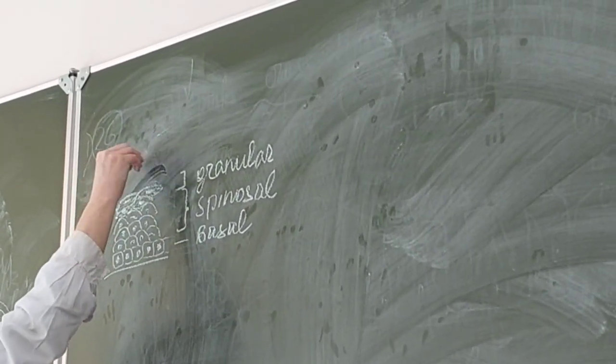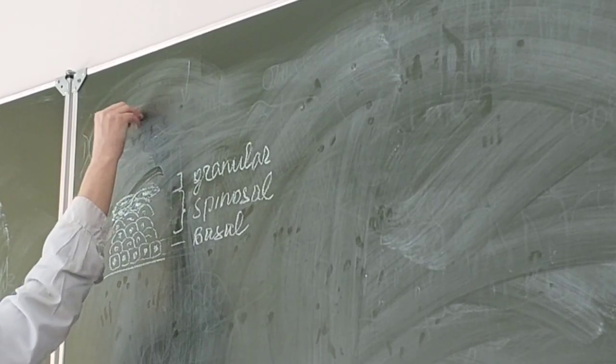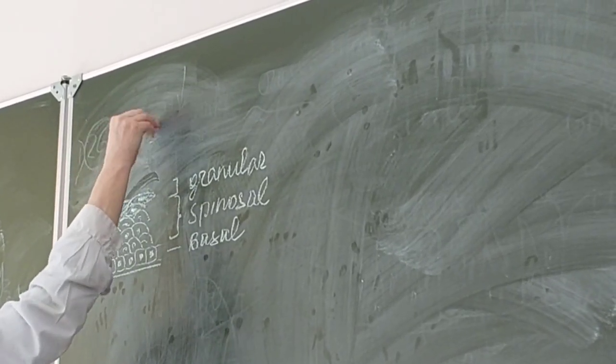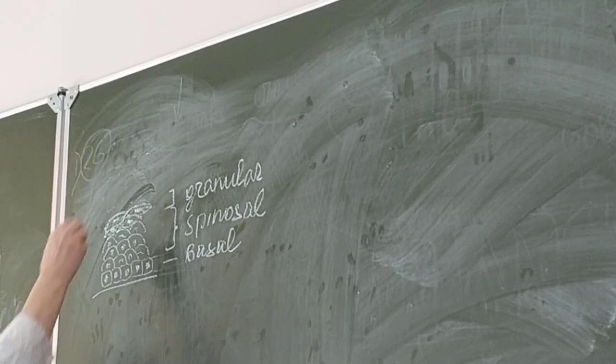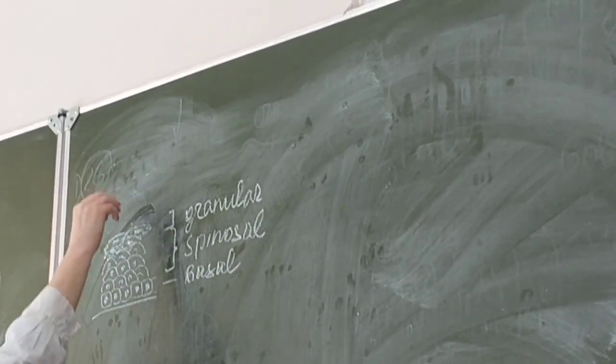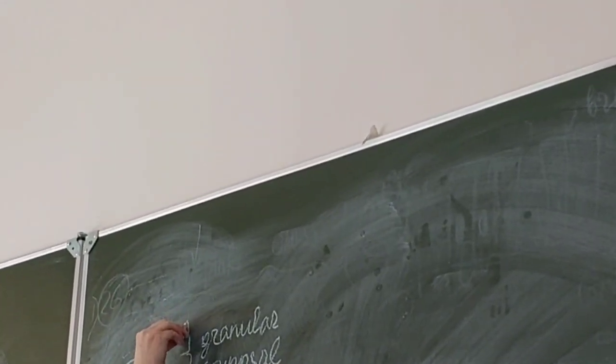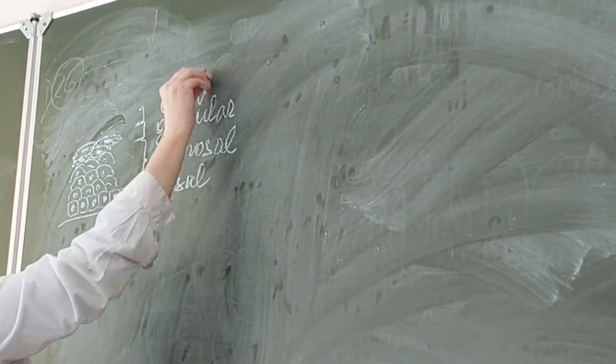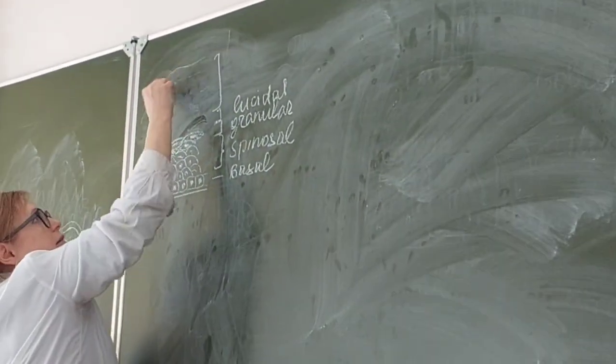That's why we don't draw cells here, only particles, and this is lucidal, and this, the thickest layer, will be corneal.